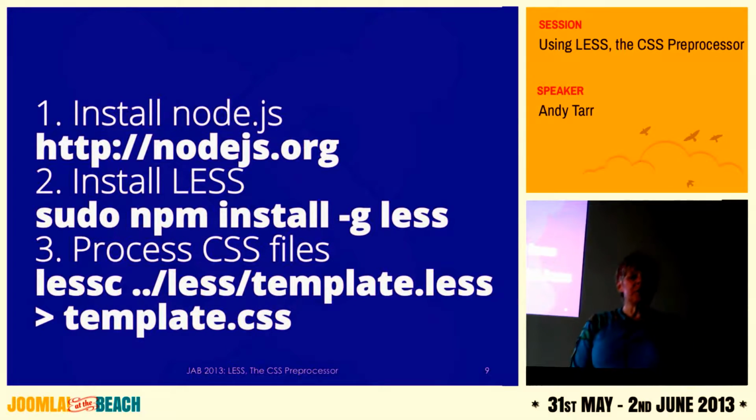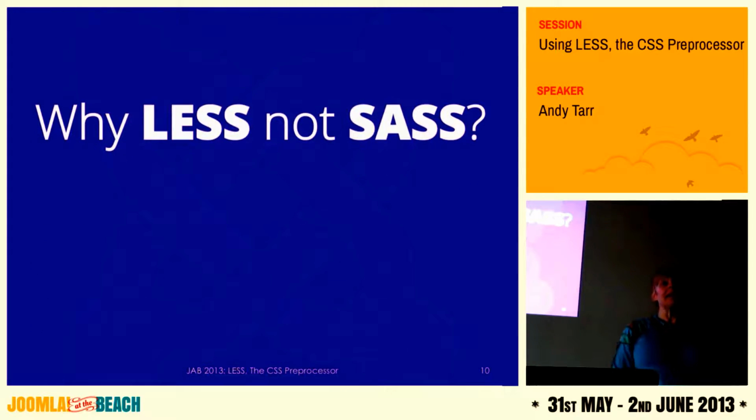Now there are other preprocessors for CSS, and Sass is one of the real familiar ones; I think it was actually better known than less was. So, why did we decide to go ahead and use less instead of Sass? One of the reasons is that less is faster.